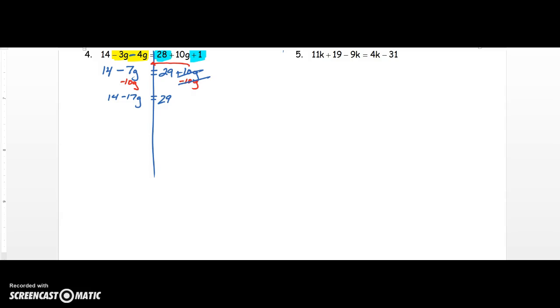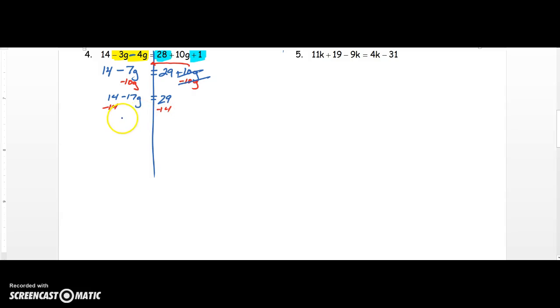So now, is our variable by itself? No. What do we have to do to get the variable by itself? What's on that side? We have a positive 14. So what we're going to do here is go ahead and subtract 14 on both sides.